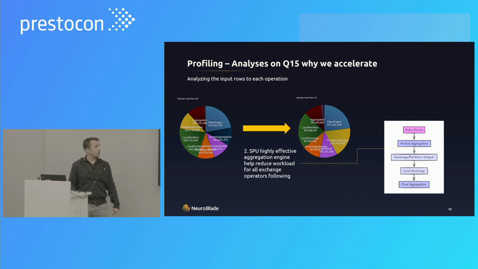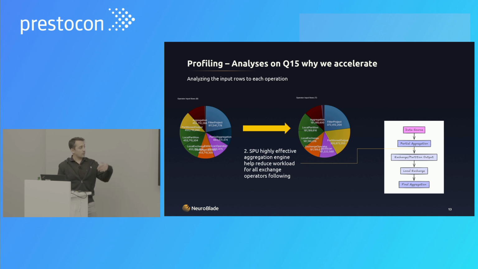With the SPU, our data analytics accelerator has in it an aggregation engine. It manages its own memory, a large amount of memory in a flat format, highly optimized for data analytics workloads, and we handle these more difficult aggregations well. So we're able to reduce that amount of data, but also do it efficiently, so we don't pay the overhead you'd pay running that same type of aggregation on the CPU.